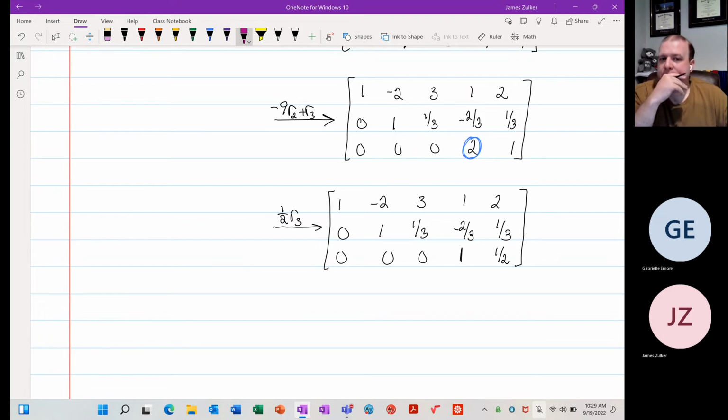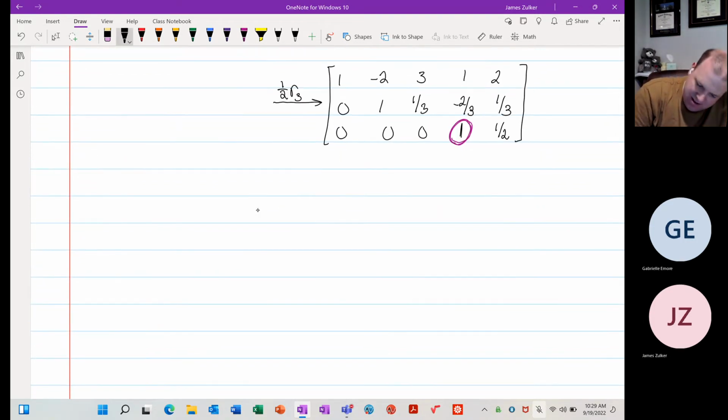Now we work our way bottom up. Our first leading 1 is right there. Now zero out everything above it: 2/3 row 3 plus row 2, and then negative row 3 plus row 1.